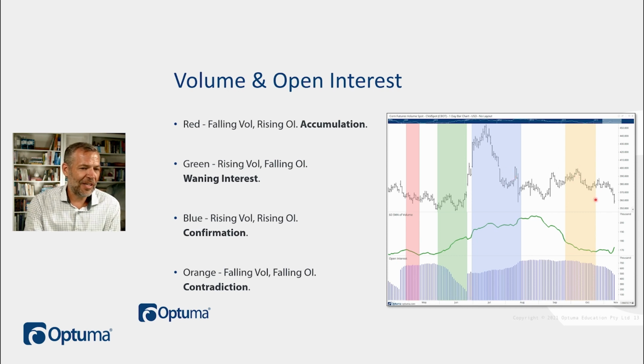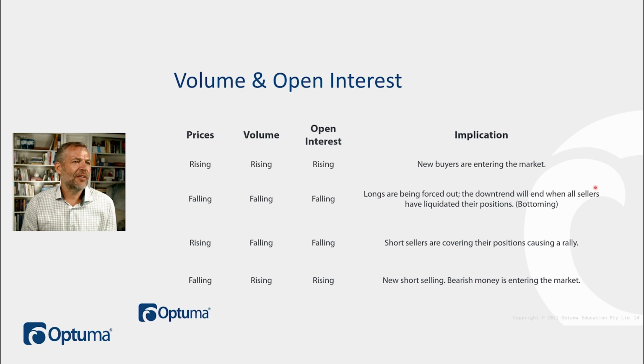And then this orange at the end, we've got falling volume and falling open interest, and so it's a bit of a contradiction to what's happening in the trend. And again, we can see that through there with the uptrend not being sustained, volume falling through that and volume falling again as well.